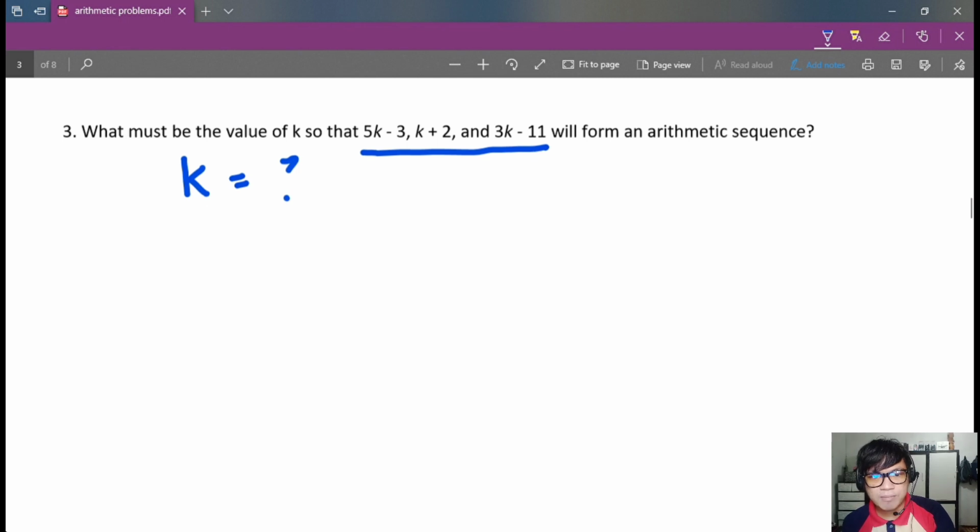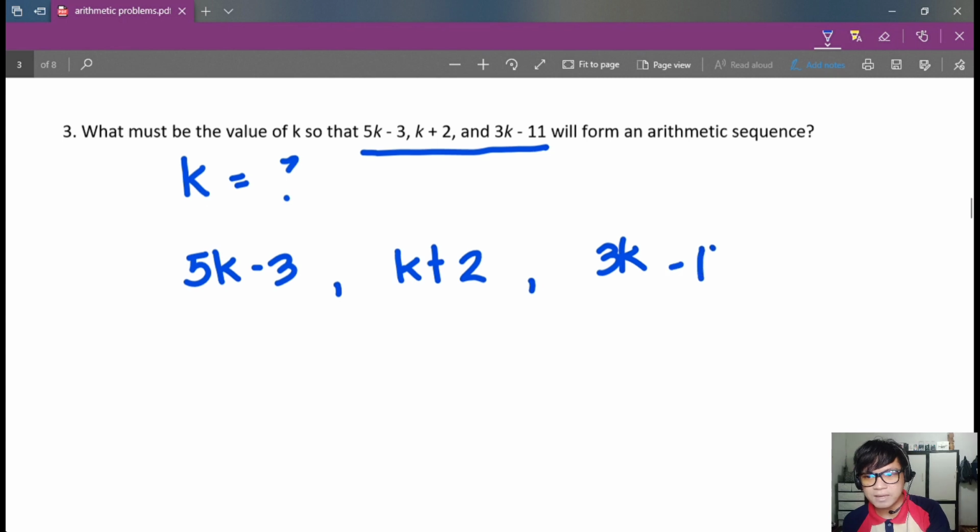So, first term natin sa given is 5k minus 3. Our second term is k plus 2. Then, our third term is 3k minus 11. So, hinahanap natin yung value ng k para pag i-substitute natin yung k dito sa each term ng sequence, magiging arithmetic sequence siya.